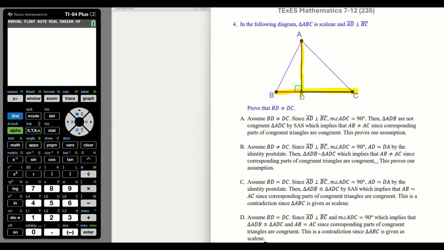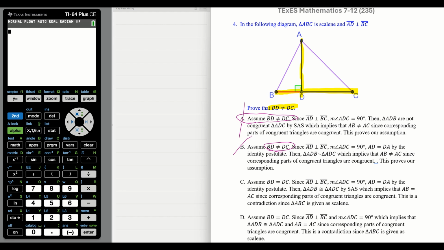Okay, so from our diagram, this is what we want to be true. So let's first say it's false. If we do that, we can't use this one and we can't use that one. This gives us the last two to evaluate.